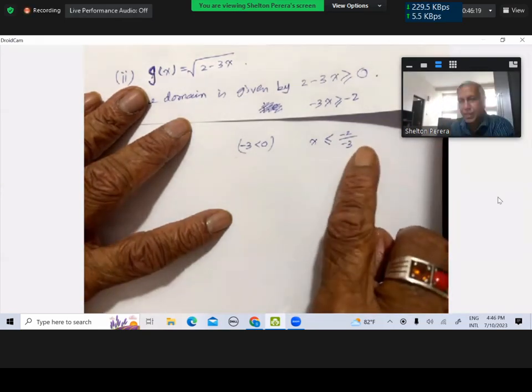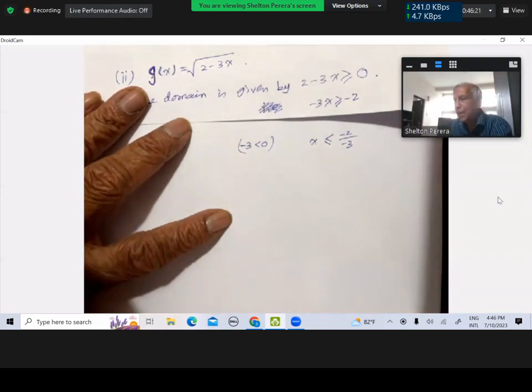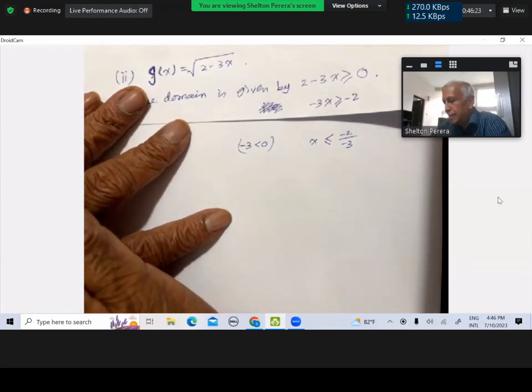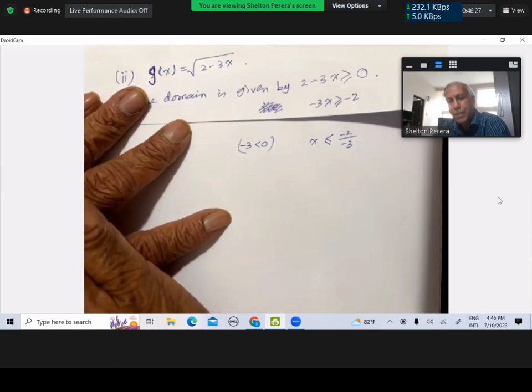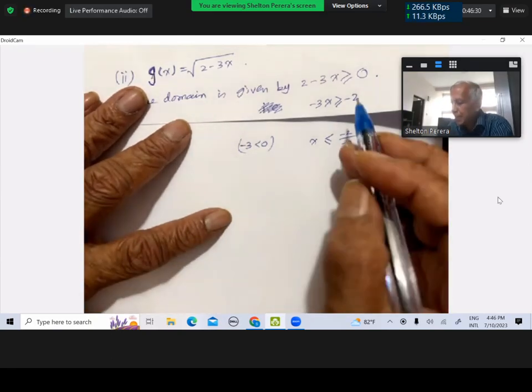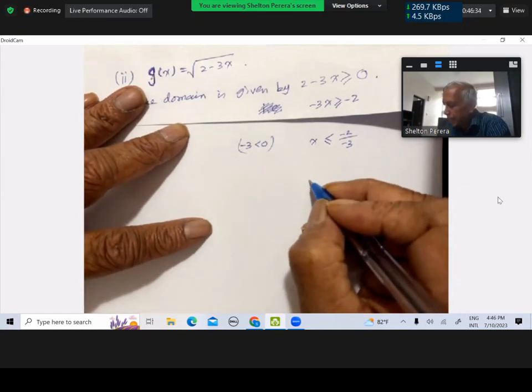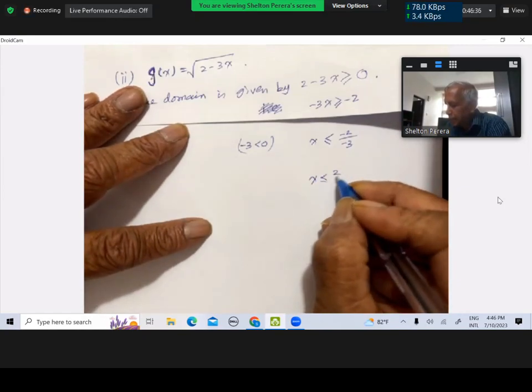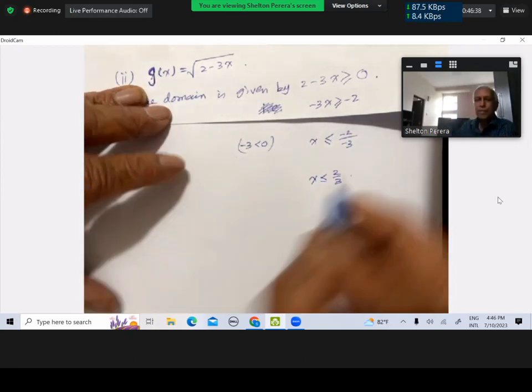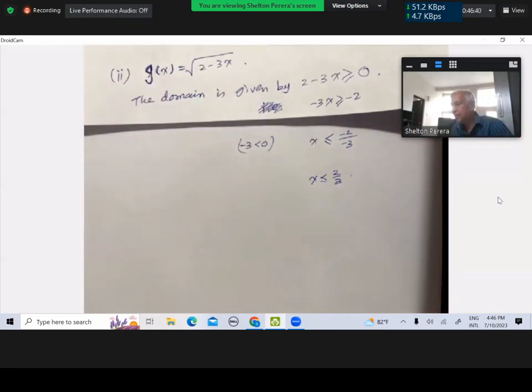You understand why the inequality got reversed? Multiplication and division by a negative number reverses the inequality. Greater than or equal to becomes less than or equal to, that is x less than or equal to 2 over 3.